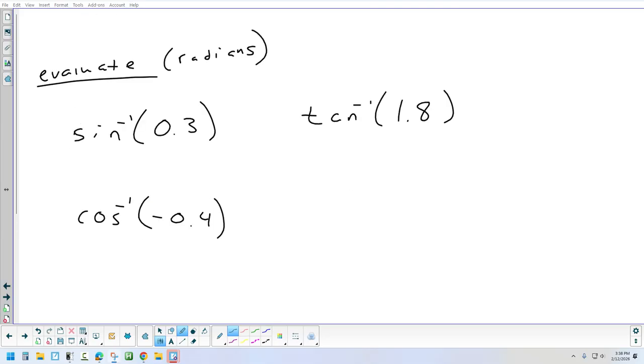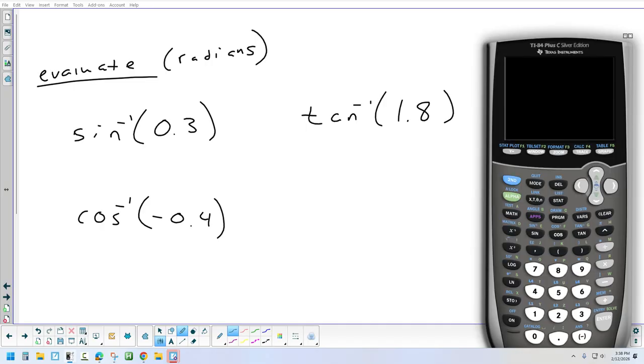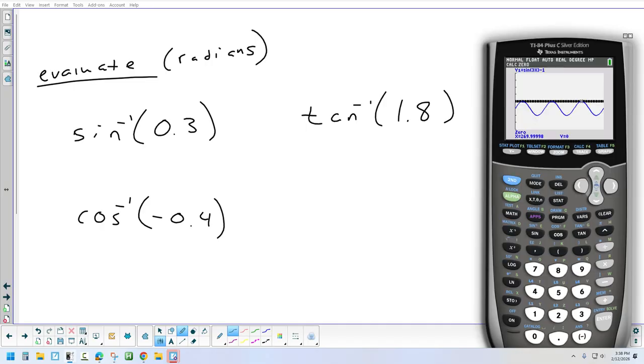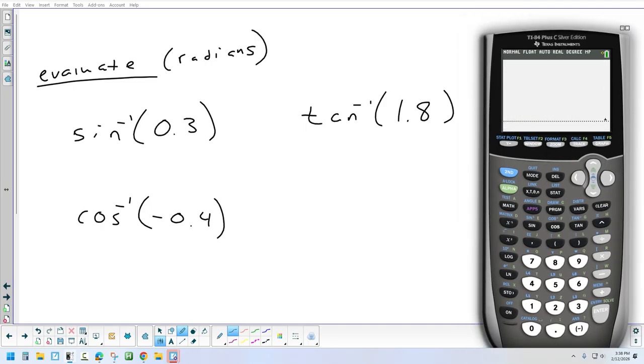Okay, so the next three really is just evaluating inverse trig functions. So we just type it in on the calculator. What do we have to do to make sure we do these problems the way the directions say? Yeah, we change it to radians. First thing we have to do is change to radians. I'm in degrees. Okay.